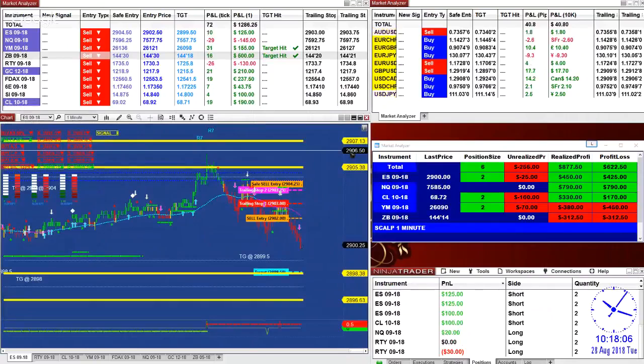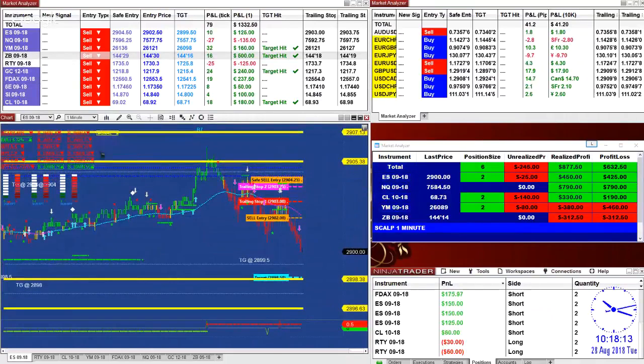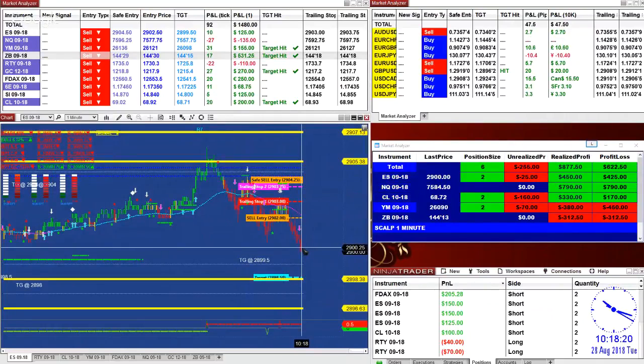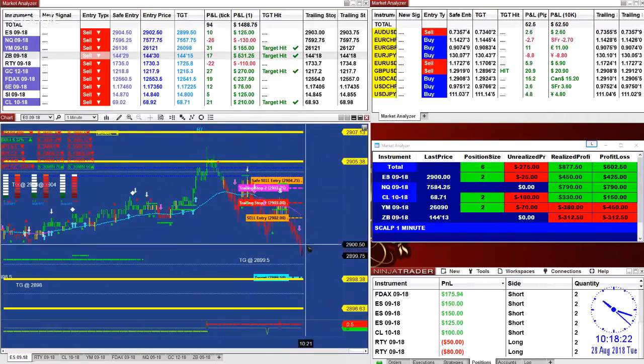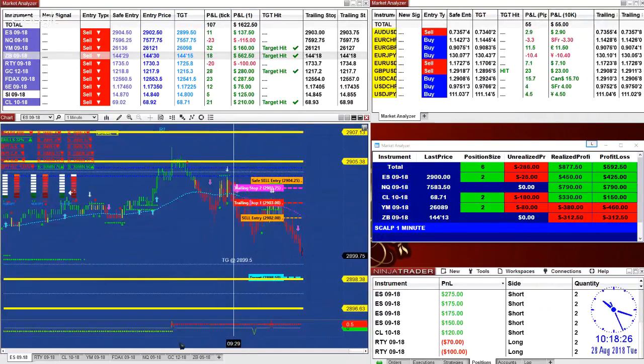I don't like the entry on the ES, because right now we have a chop, and don't look at this bar right now. The ES has been trying to go down for over half an hour, and it finally fell.